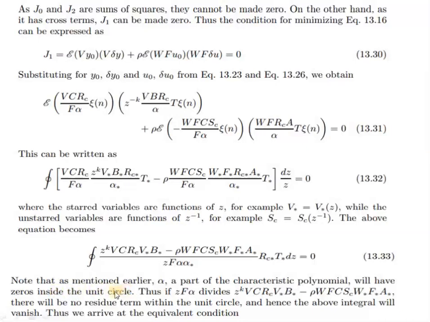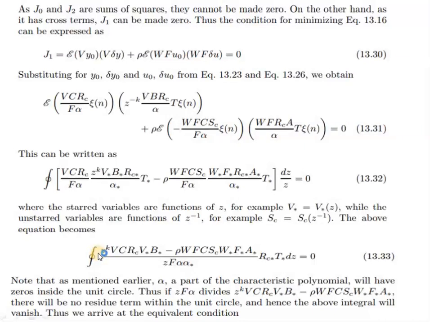Thus when we divide this whole term by z f into alpha, due to this characteristic polynomial there is no residue term within the unit circle. As f has zeros inside the unit circle, there is no residue within the unit circle. Hence this whole integral term can vanish.